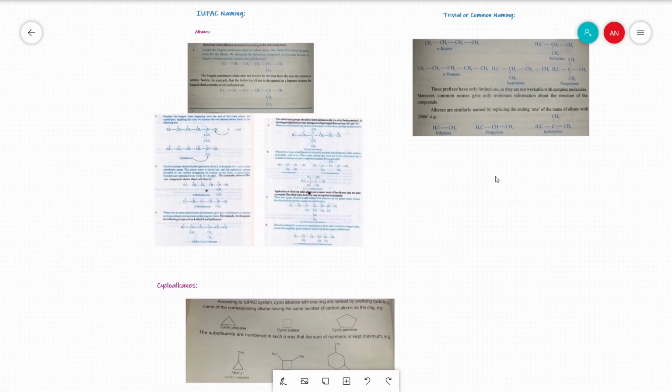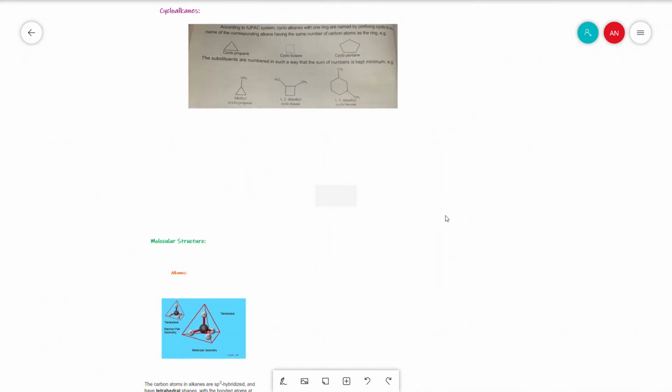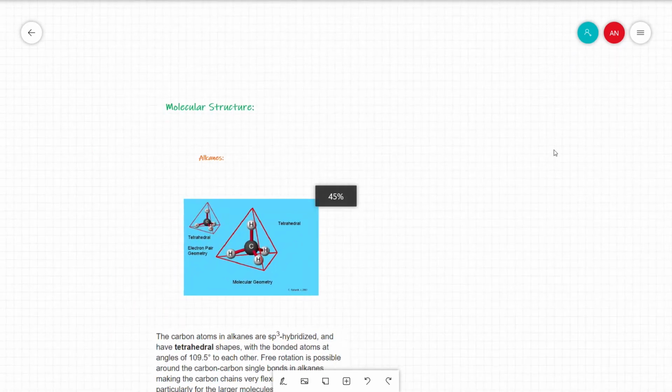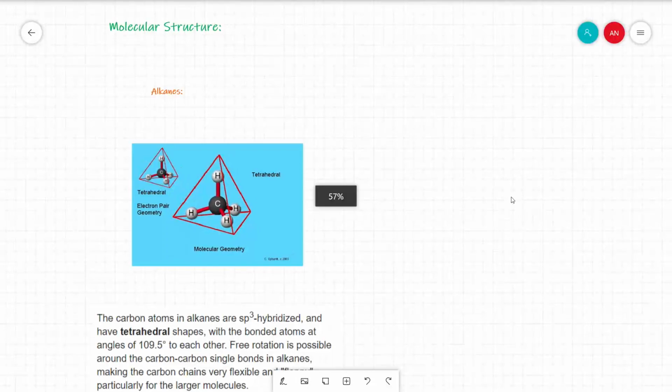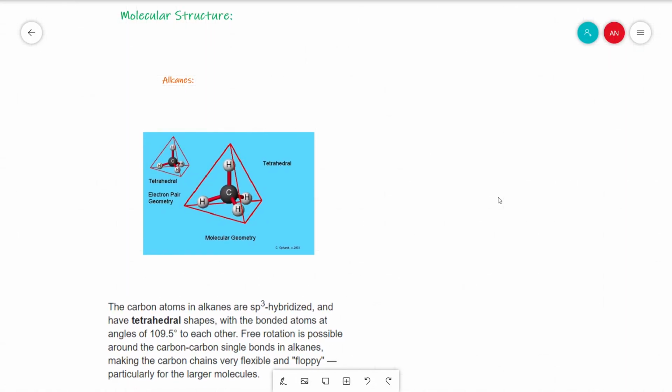Now going towards the structures. What would be the structure of alkanes and cycloalkanes? Of course, we have already discussed hybridization in the first class. We have already discussed that methane, or carbon with 4 single bonds, has tetrahedral geometry or sp3 hybridization, and all the atoms which have sp3 hybridization form a tetrahedral structure.